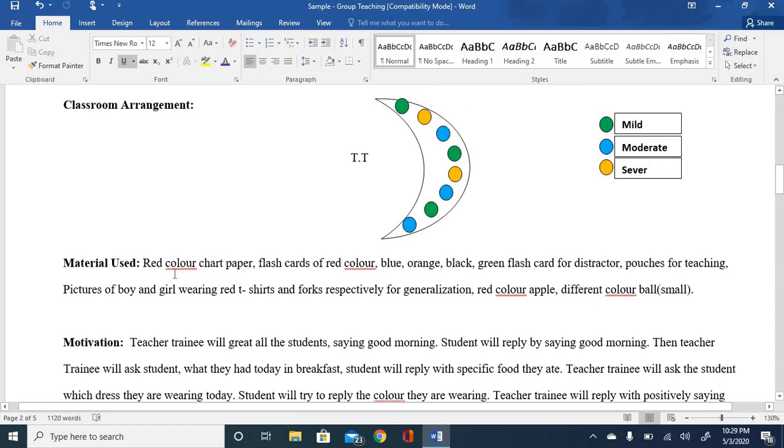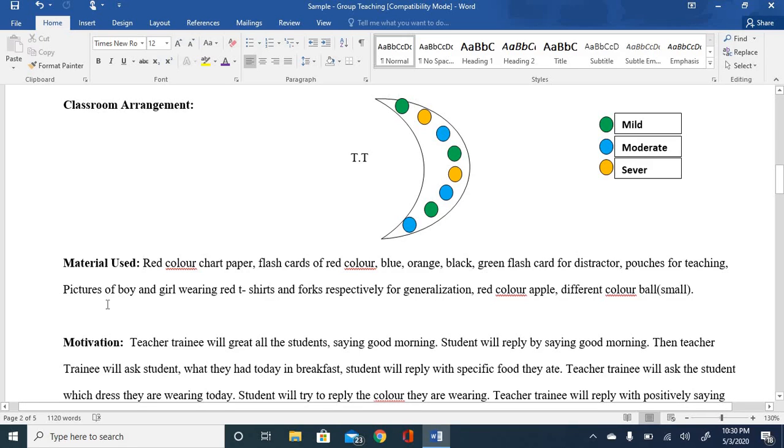Then material used. So you have to write only those materials which are required and which you're going to use in your session. If you have written blue, orange, black, green flashcards, and if you don't use them, that means you haven't used that material. So for this class, I have written red color chart paper, flashcard, red color, blue, orange, green flashcards for distractor, pouches for teaching, pictures of boy and girl wearing a red t-shirt, frog, respectively for generalization.